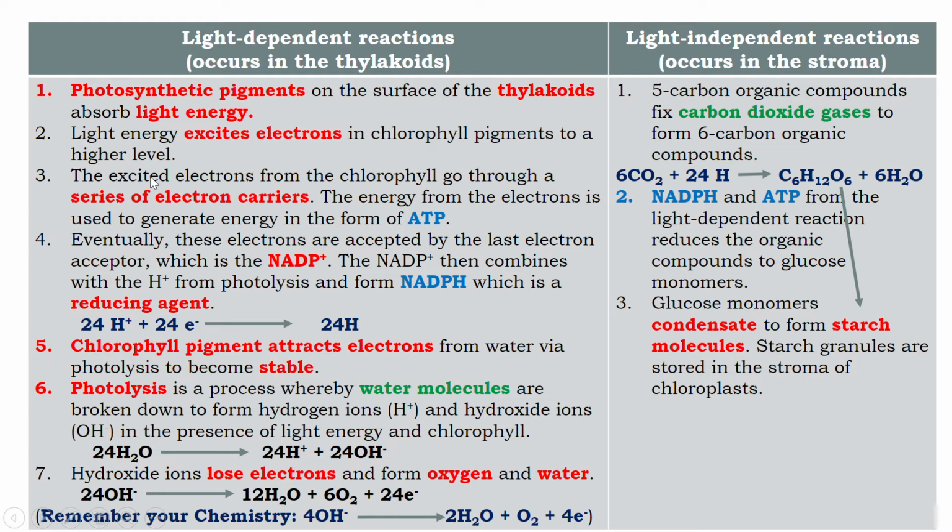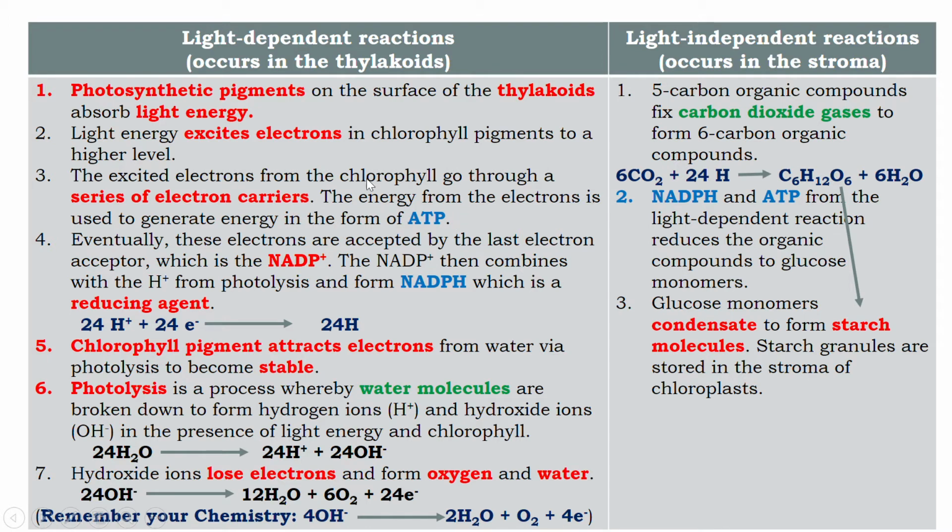So these excited electrons from the chlorophyll will go through this series of electron carriers. Okay, so these electrons have a lot of energy. They are excited. So this energy is the one used to generate energy in the form of ATP.